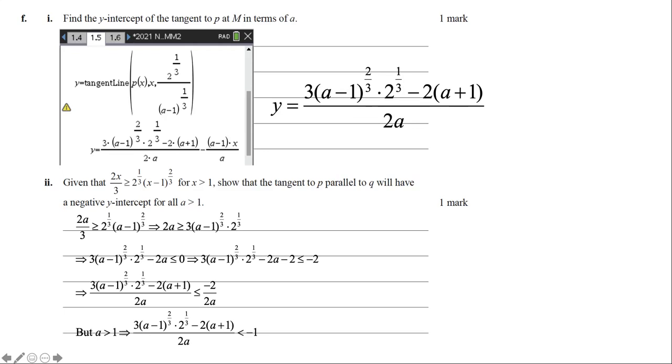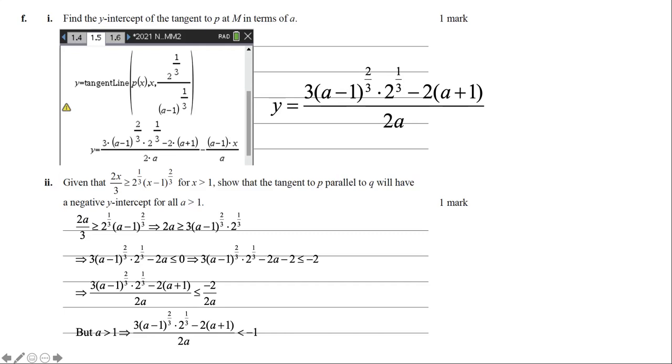Firstly, we swap x by a, which is also true because here a is also greater than 1. That means with a here and here, this inequality is true. And then you try to manipulate this bit to match the y-intercept expression. This can be done by multiplying both sides by 3. So we are getting very close to the expression.